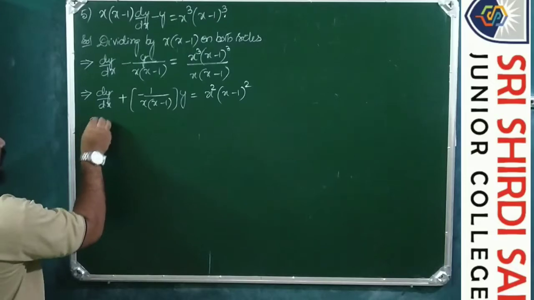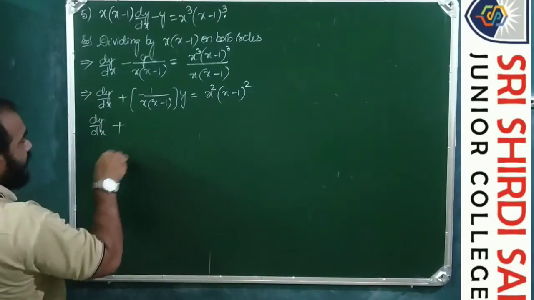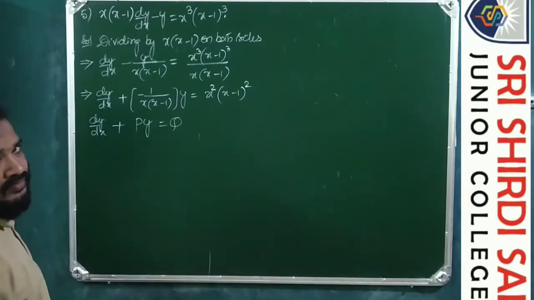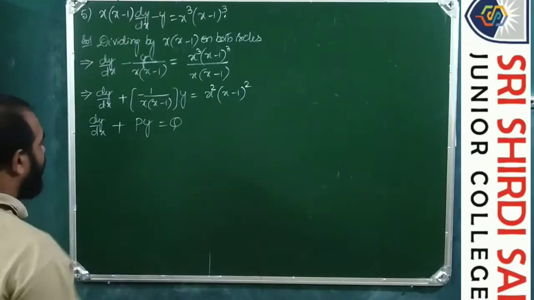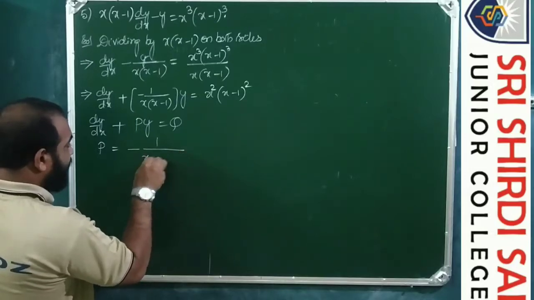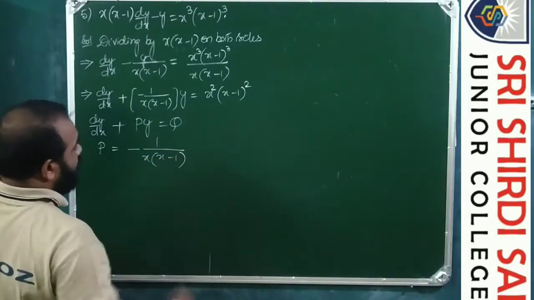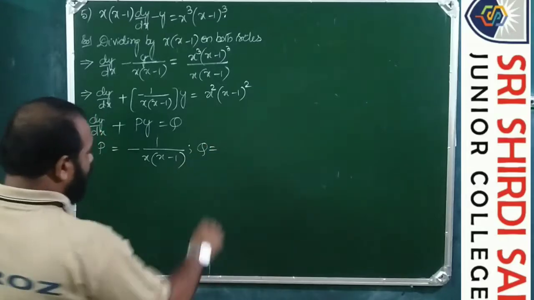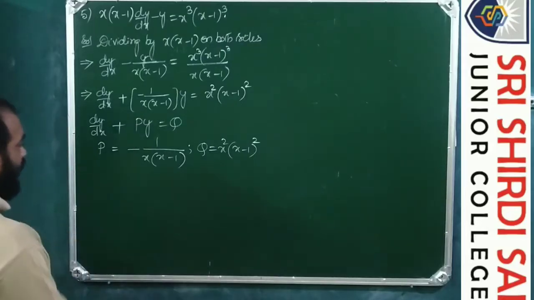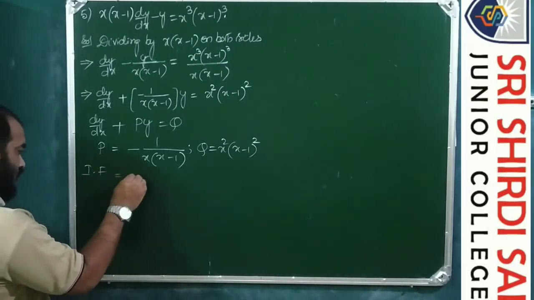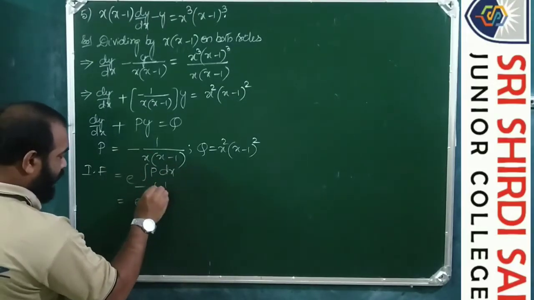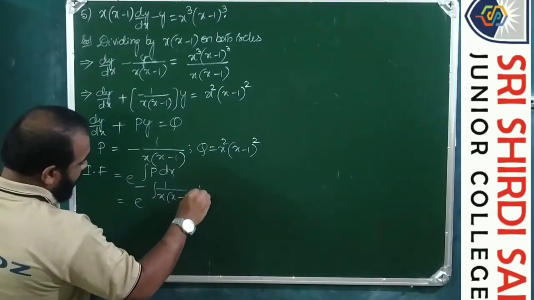So this is of the form dy by dx plus py equals q, which is the type 1 first category. So here p is equal to minus 1 by x into (x minus 1), and q is equal to x square into (x minus 1) whole square. So therefore the integrating factor is equal to e power integral p dx, e power integral of minus 1 by x into (x minus 1) dx.